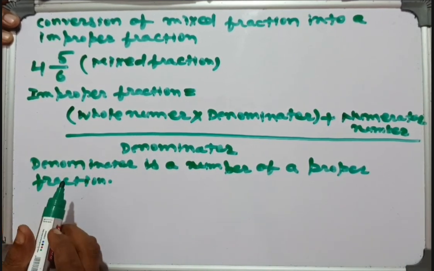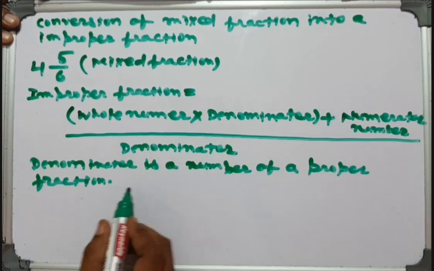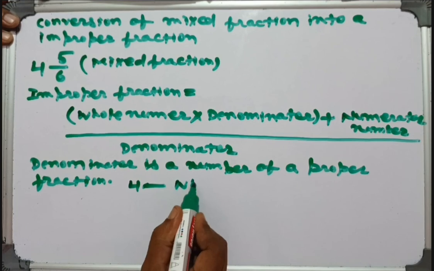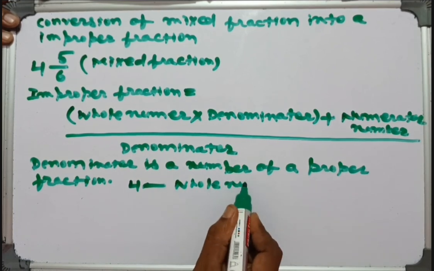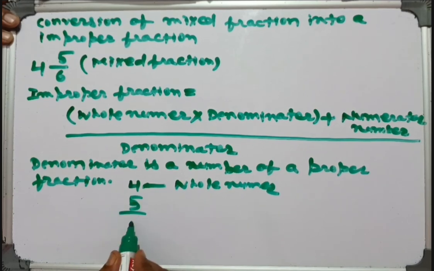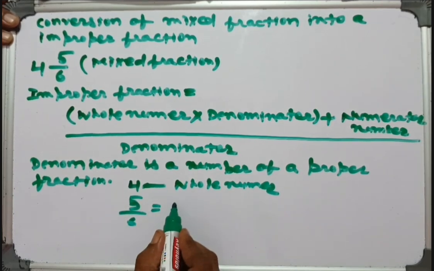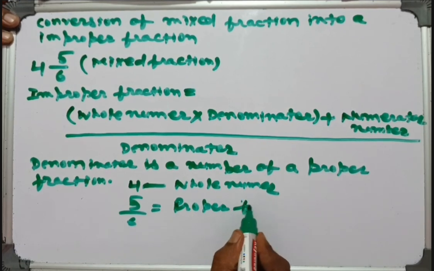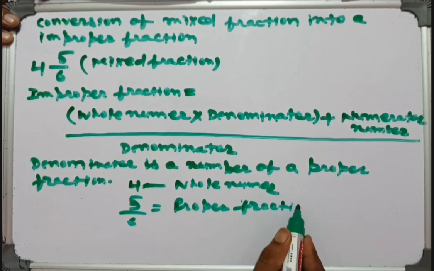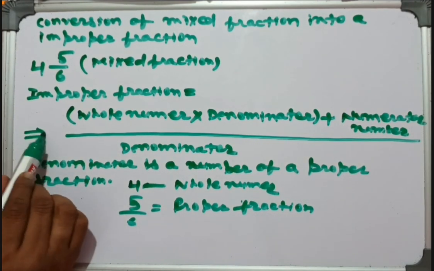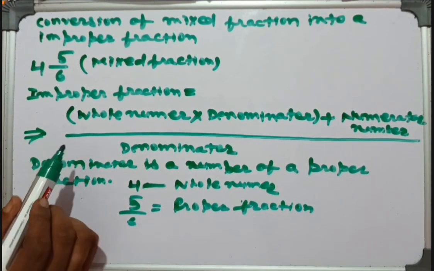Why am I saying this? See, 4 is the whole number, and 5 by 6 is the proper fraction. So now put these values in this formula.